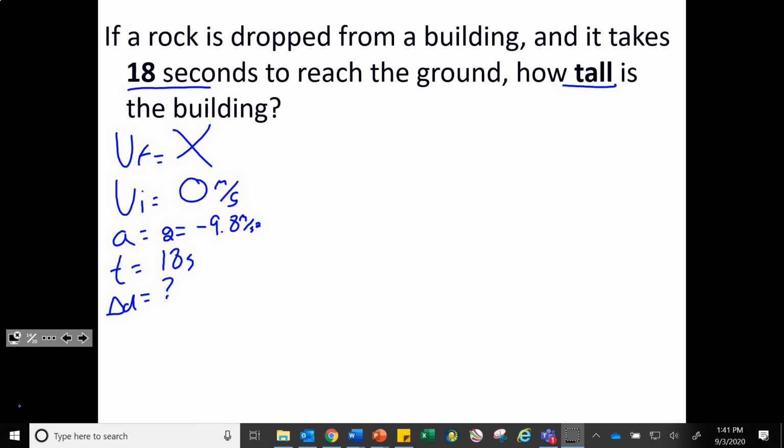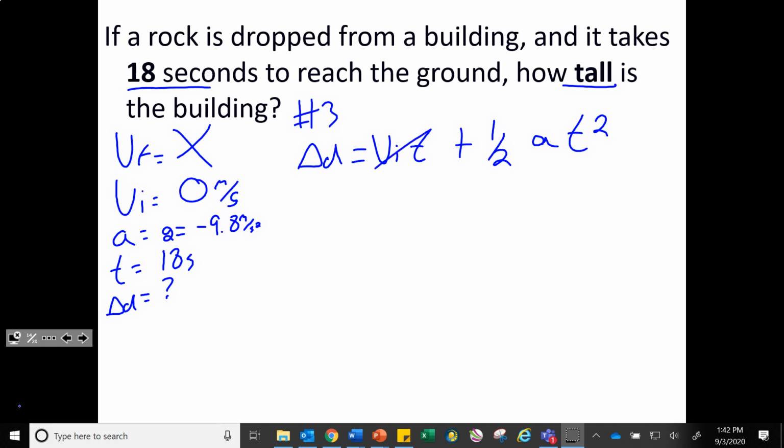We see that we use equation number 3, which is delta D is equal to VI times time plus 1/2 AT squared. Velocity initial is 0, and 0 times 18 gives us 0, so we can mark that out.